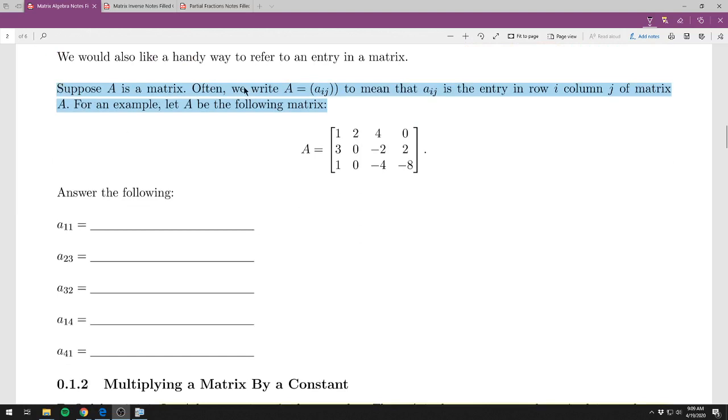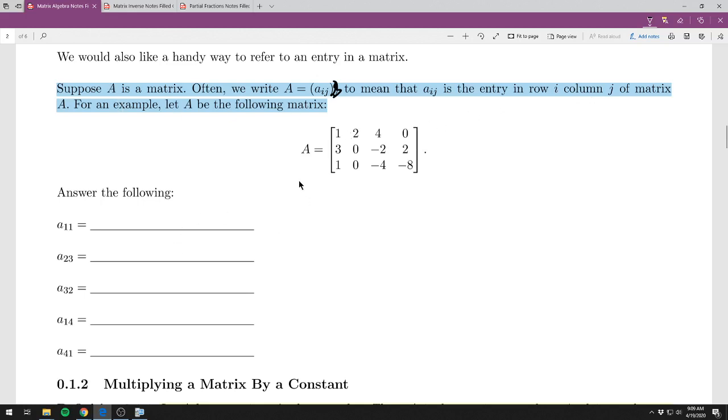Suppose A is a matrix. Often you can see A with subscript ij, to mean that Aij is the entry in row i, column j of matrix A.